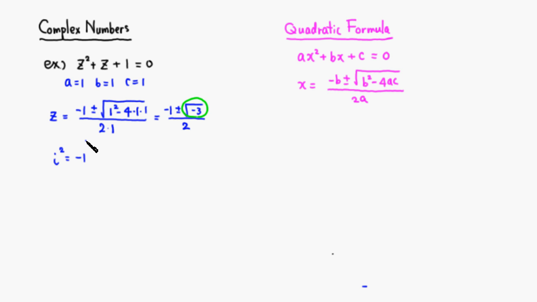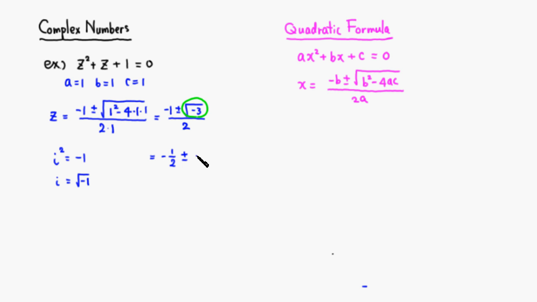So we can write this as follows: the first part is negative 1/2, so there's no problem there, plus or minus, and another way to write i would be the square root of negative 1.